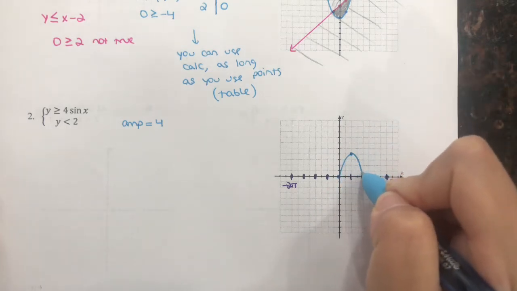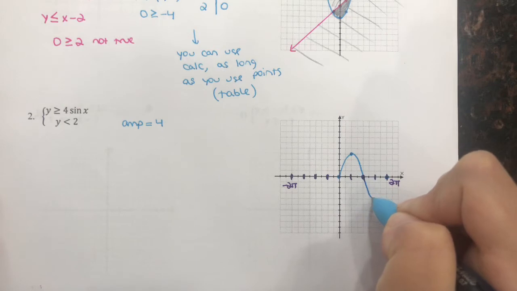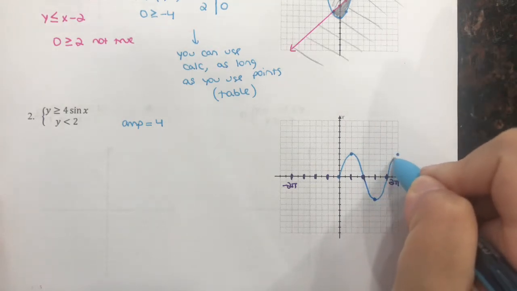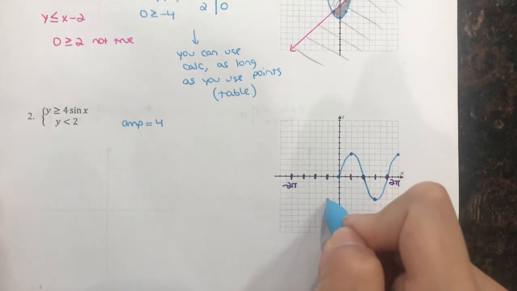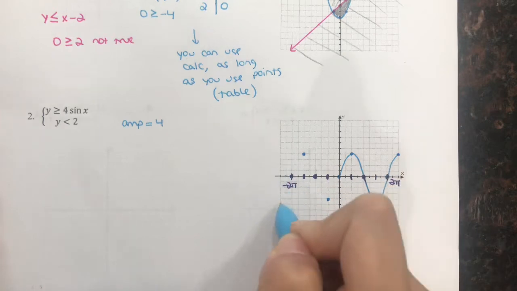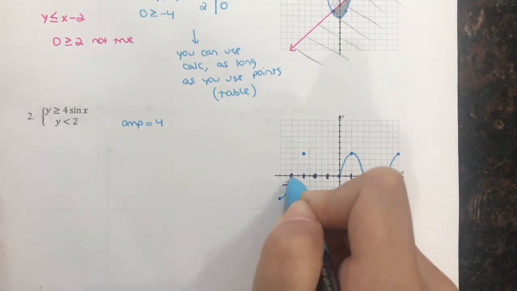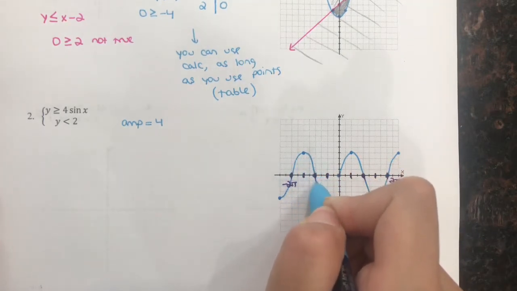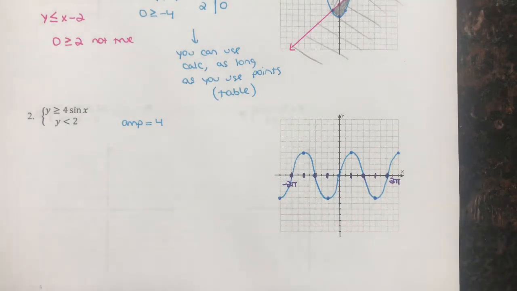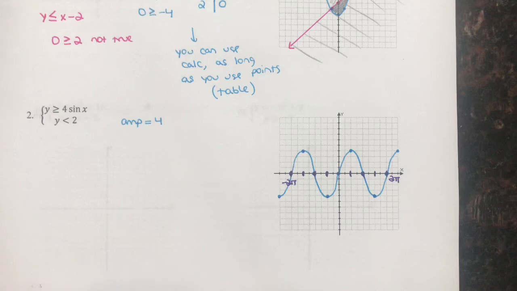So I have this curve, something like this. And I can keep going if I want to. And I want to keep going on the left as well. So just follow the pattern and curve through your points. So again, use your calculator if you forgot what the shape looks like, but we have something like this.